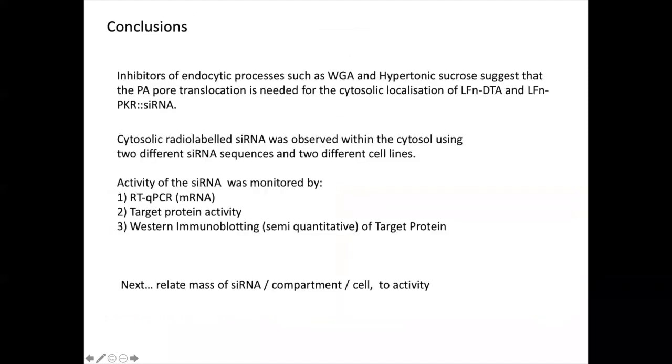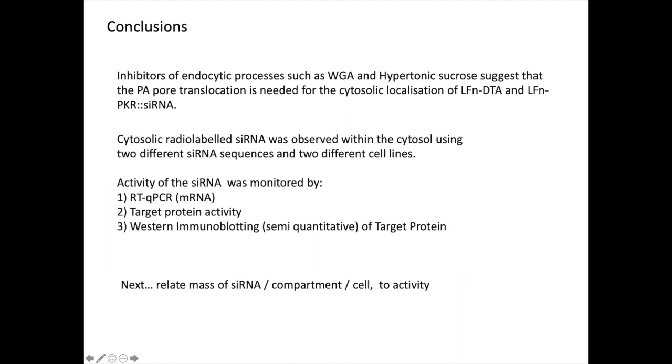Next slide, please. Right, so I'm going to draw this to a couple of conclusions. Inhibitors of endocytic processes such as wheat germ agglutinin and hypertonic sucrose suggest that PA pore translocation is needed for the cytosolic localization of LFN-DTA and also LFN-PKR siRNA.